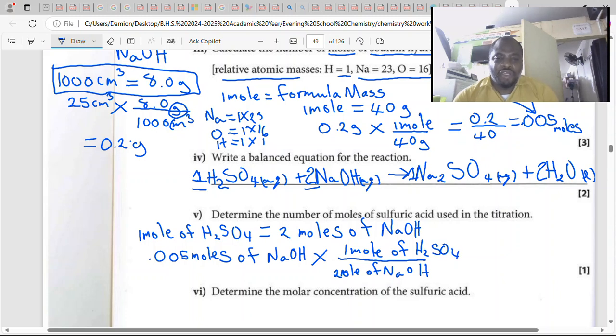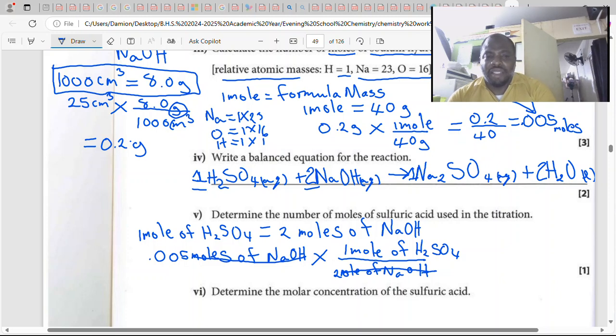Then, of course, we now see it. This mole of sodium hydroxide cancels out this mole of sodium hydroxide, leaving our answer in moles of sulfuric acid. And that's what we want. We were asked to determine the number of moles of sulfuric acid used in the titration.